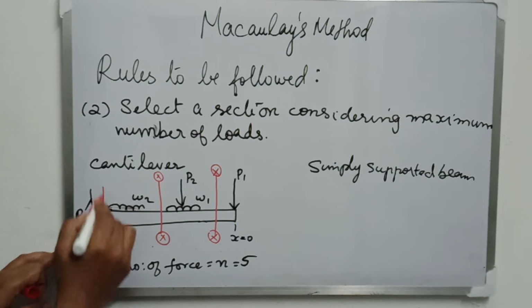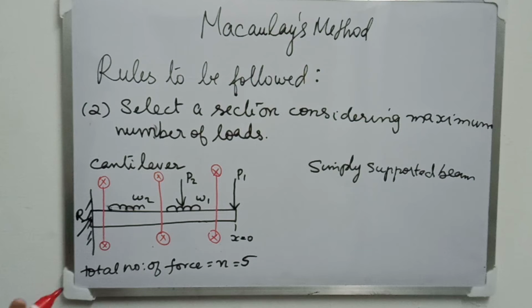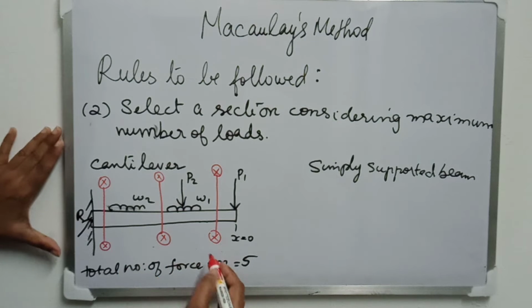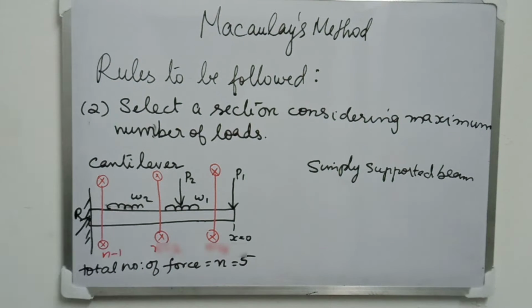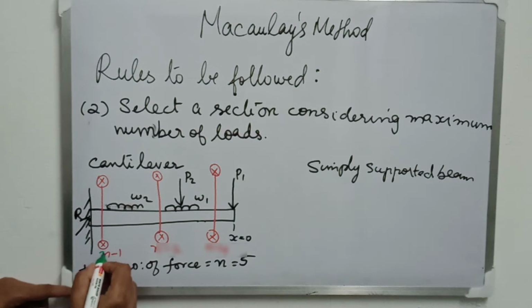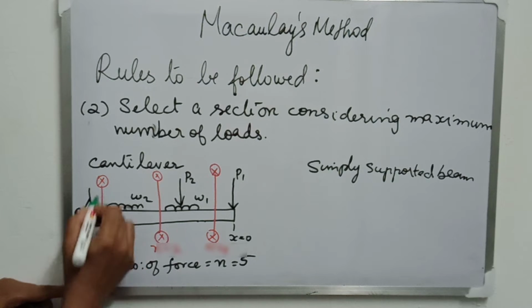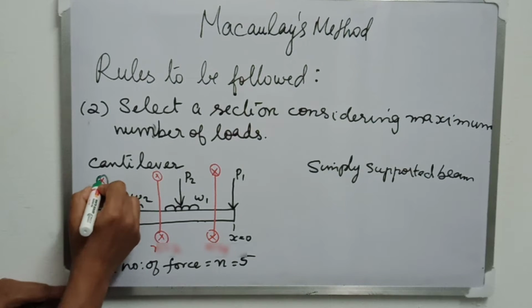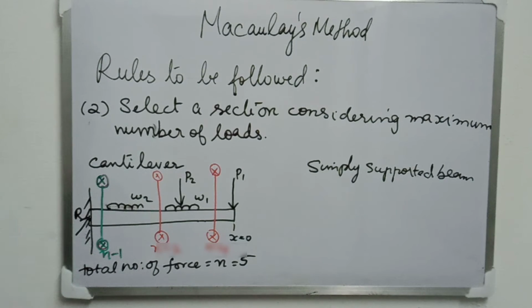Now if you have a look at these sections, towards the right of the extreme right section there is only one load, and towards the right of the second section there are only 3 loads. But if you take the extreme left section, which I am now marking with green, towards the right of the section maximum number of loads are there. That is 5 minus 1, 4 loads.